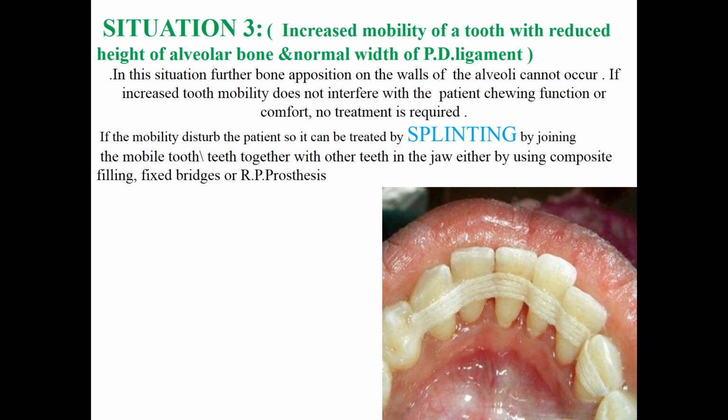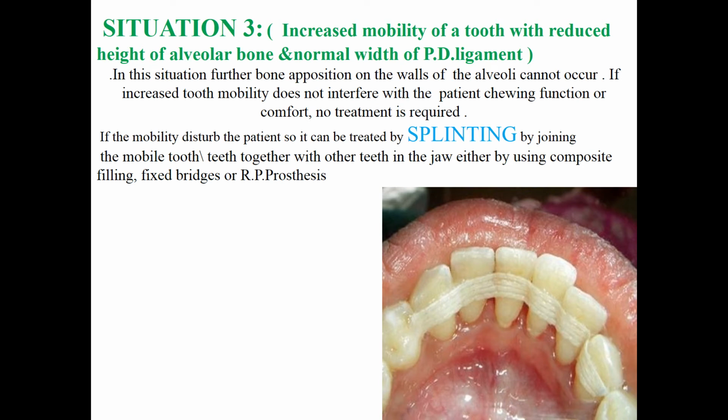In situation 3, there is increased mobility of a tooth with reduced height of alveolar bone but normal width of the periodontal ligament. In this situation, there is no bone apposition on the wall of the alveoli because there is a normal width of the periodontal ligament. There is no pressure side.